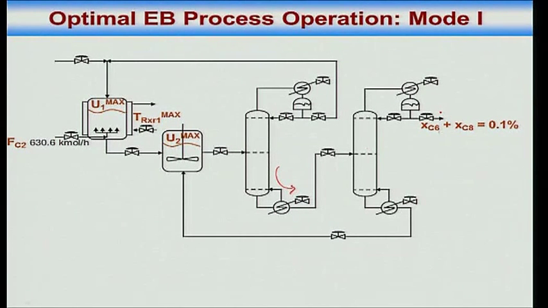So it will have diethyl, so this should be C10, I am sorry. So C10 plus C6. Impurities are C6, benzene leaking down, and diethyl benzene leaking up. This should sum to 0.1%, so that your product is 99.9% ethyl benzene. Yeah? Okay.